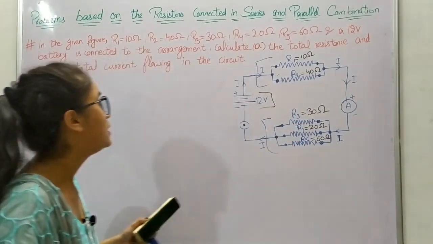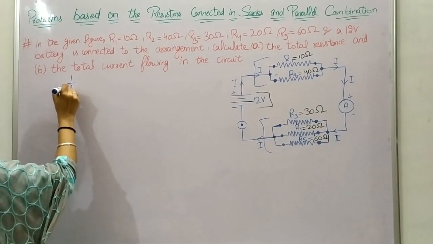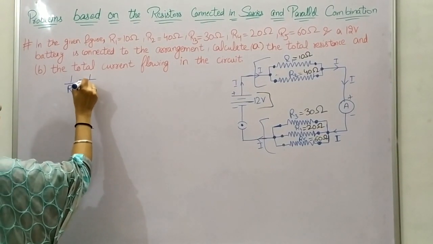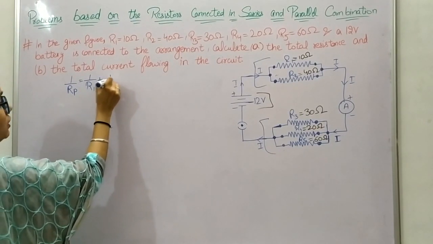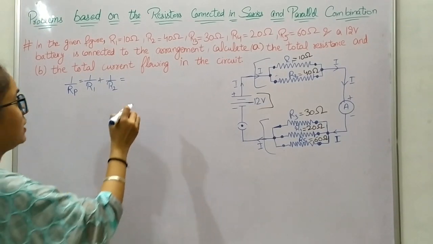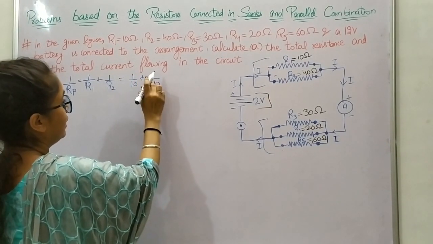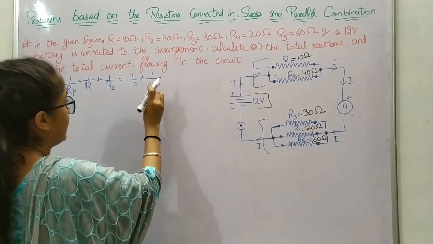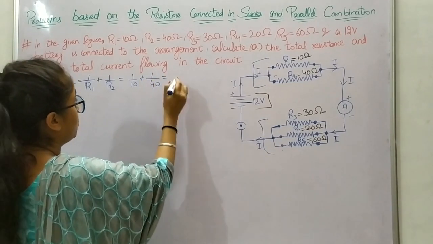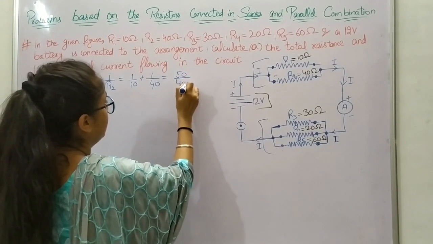For the first part, we have 1 over Rp equals 1 over R1 plus 1 over R2. Now we are going to solve it. R1 is 10 and R2 is 40, so 1 over 10 plus 1 over 40 would be 50 over 400 ohm.